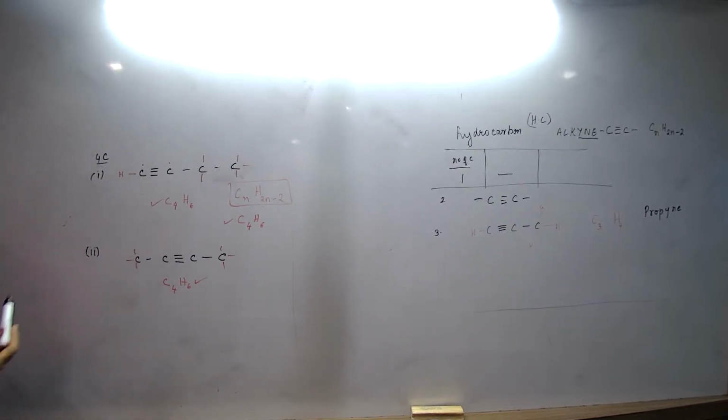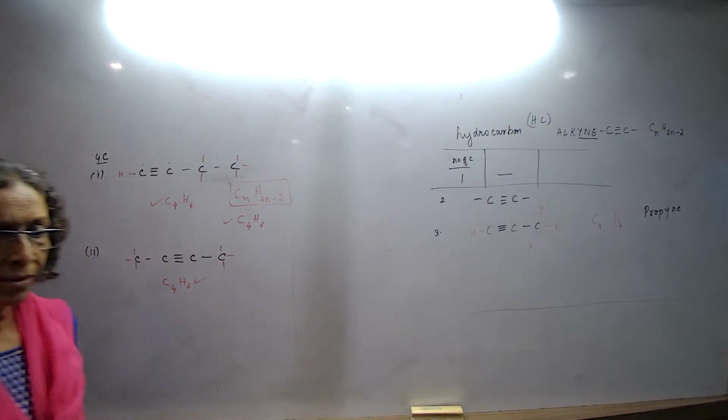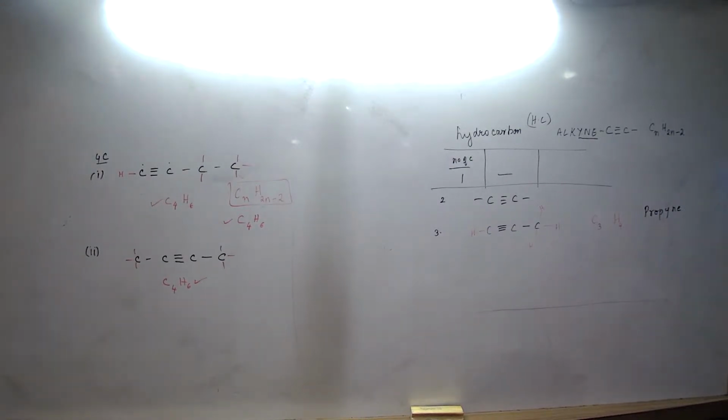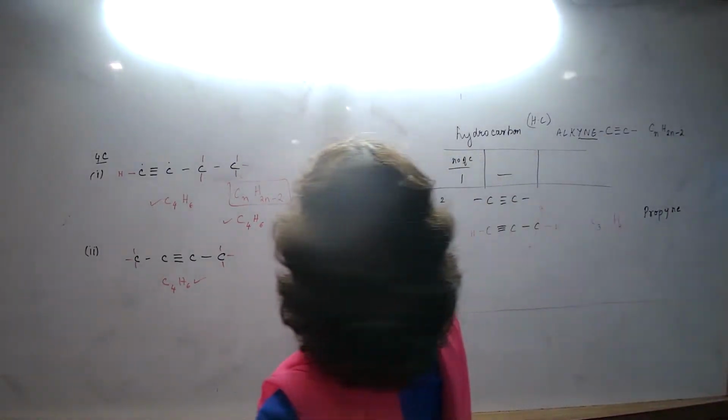So such type of compounds which have got different structures but the same molecular formula are called as structural isomers. Okay, come on, write down. Make a note of it. Put a star and write structural isomers.